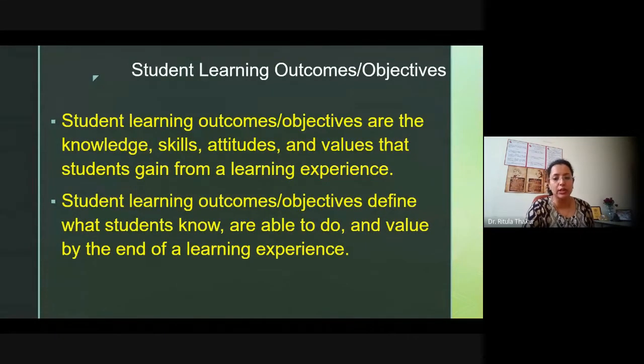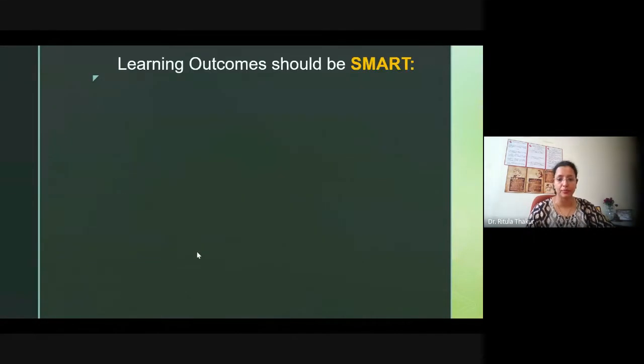Similarly, for this particular lecture, there are certain objectives which I have kept in mind, that after attending my today's class, my participants will be able to gain this knowledge and this skill. So these are nothing but the learning outcomes or objectives. We can say that these learning outcomes or objectives define what the students already know, what they are able to do, and the value by the end of a learning experience.